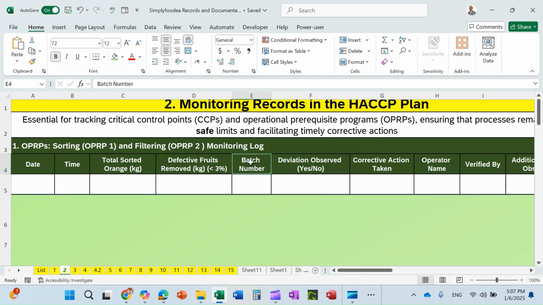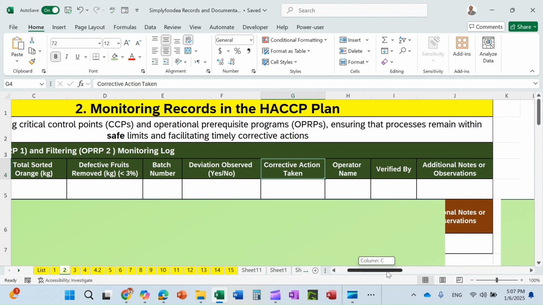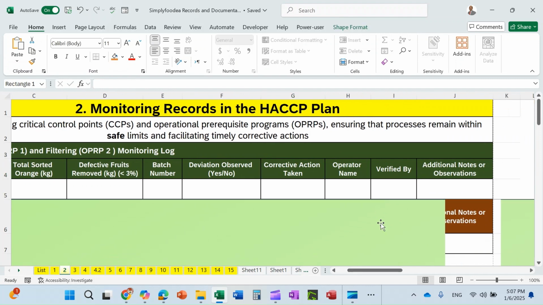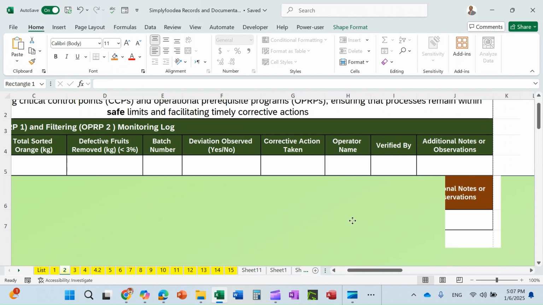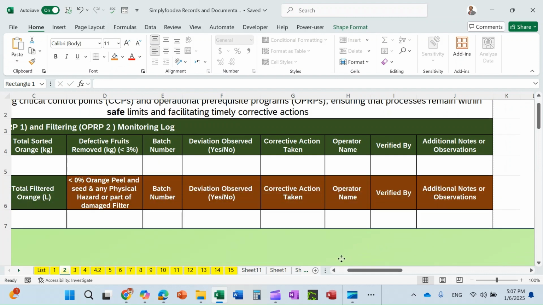What is the batch number of this sorted orange? Has any deviation been observed, yes or no? What corrective action was taken when there was any deviation observed during the sorting process? Who is the operator, who verified it, and are there any additional notes and comments?